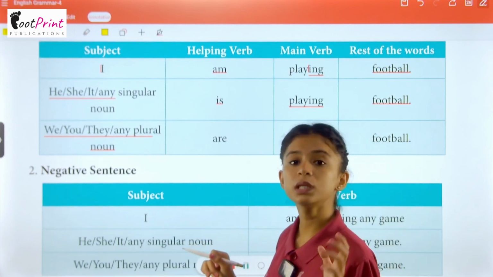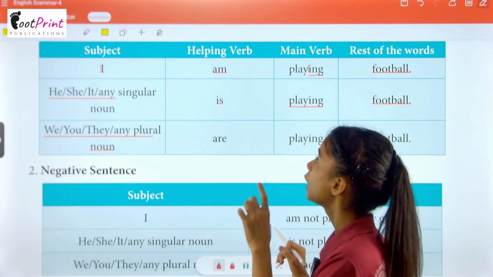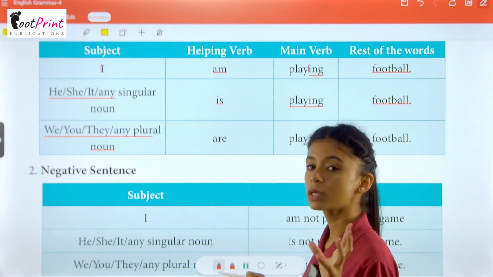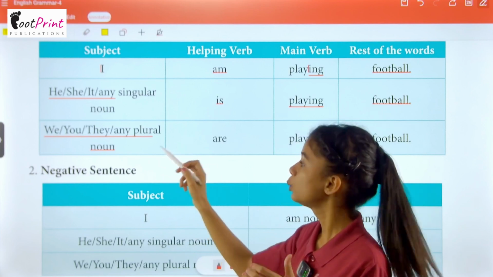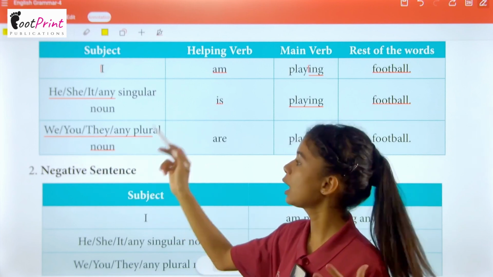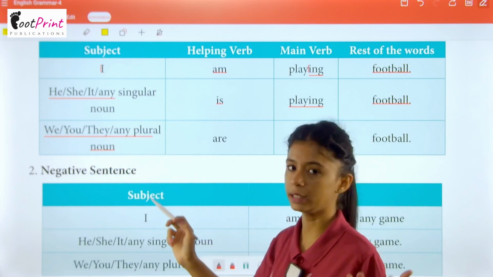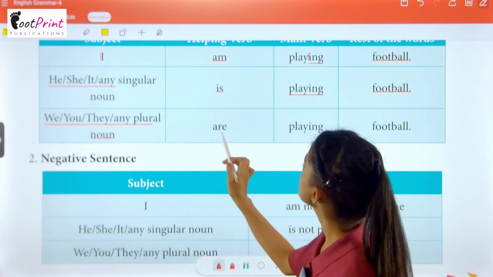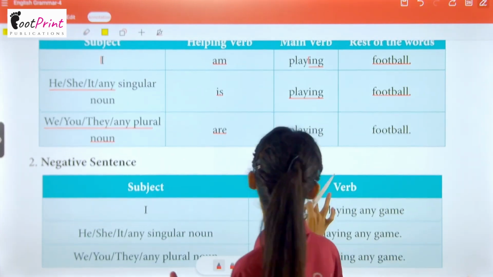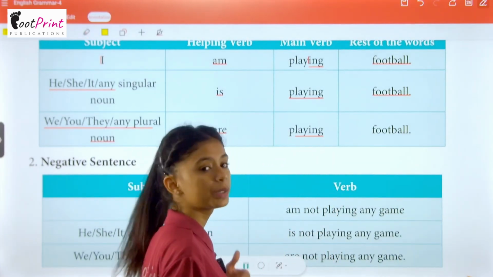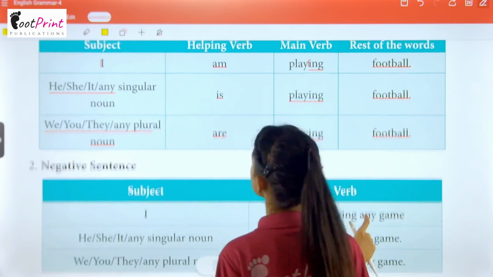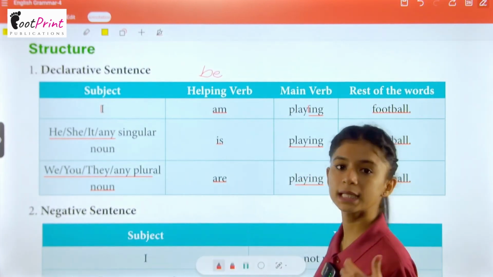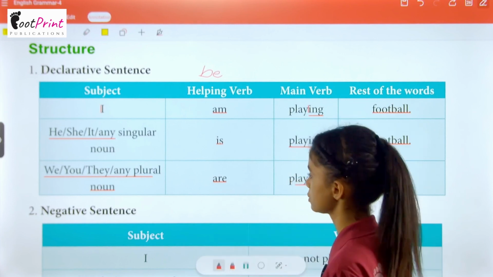One thing we have to keep in mind is that only in continuous tense we have separated I from this group. Otherwise, I will remain in this group with we, you, they, or any other plural noun. With these, we will add are as our helping verb, then our main verb with ing, and the rest of the sentence will follow. So, this is how we make our declarative or positive sentences.